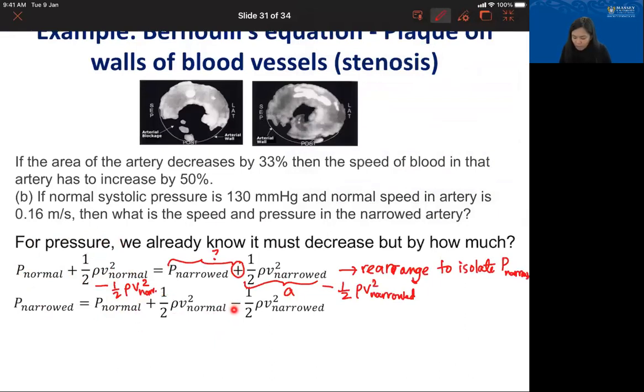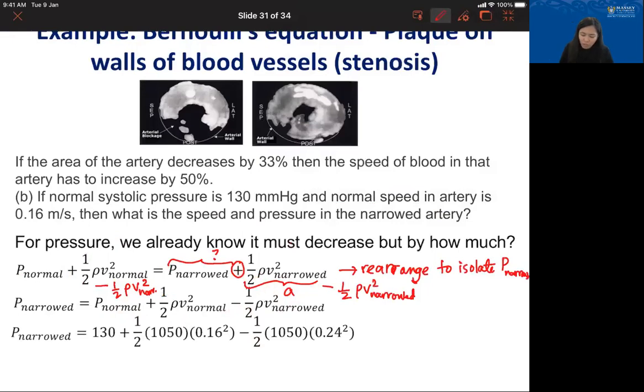And then you have this minus 1/2 rho V narrowed squared. Bernoulli's equation might seem very long. If you're bothered by all these variables, you can replace them with dummy variables: this whole term is A, this whole term is B, or something like that. So we know everything. It's just a matter of substituting the values.